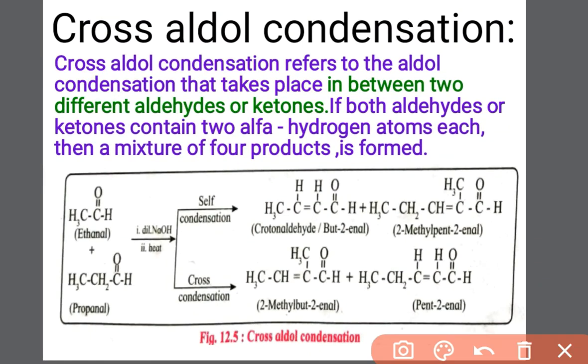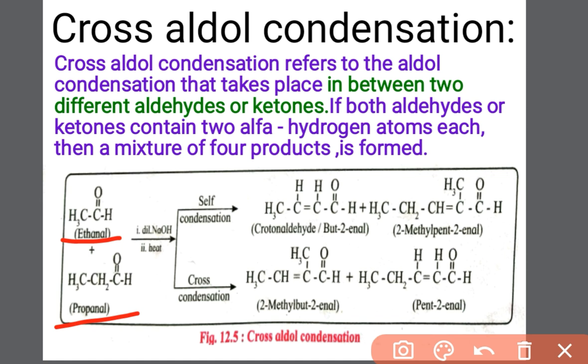Here we take ethanol and propanol, means two different types of aldehyde, and by the condensation of these two different types of aldehydes we get four different types of product. Two products are by self condensation and two products are by cross condensation.